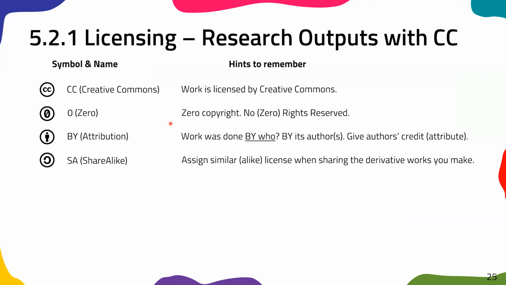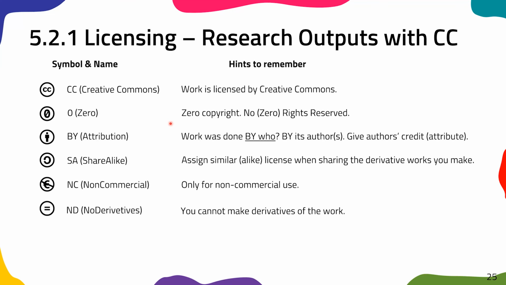If you see SA, which means share alike, it means that you share the derivative work with a similar license. If you see NC, it stands for non-commercial, so it's for non-commercial use only. ND means that derivatives or extra works built upon that work are not allowed. Basically, you're not allowed to make derivatives of the work.